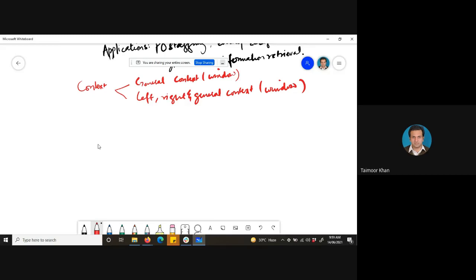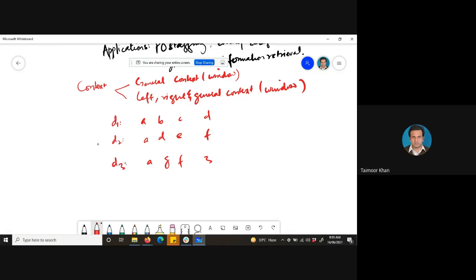So, for example, let's say I have a few documents: D1, D2, D3. Just assume that these A, B, C are basically different words that we have in these documents.